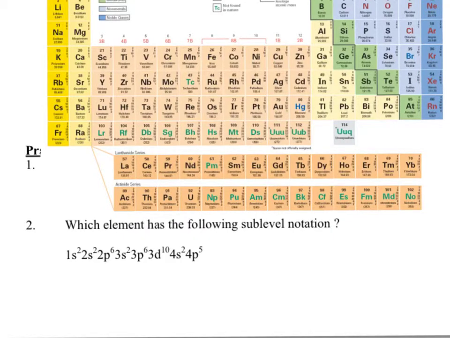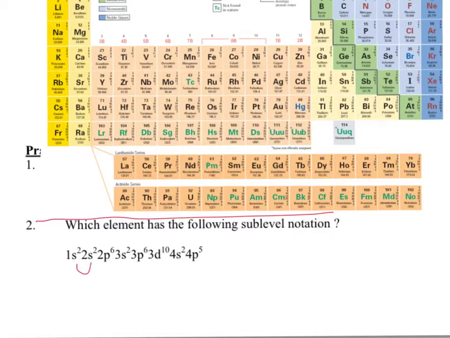So then the other thing that you might be asked to do, and this is on the bottom of your paper, okay, I'm just continuing along, you might be asked which element has a sublevel notation. And this is probably one of the easiest things because all you do is you add together all of the electrons.